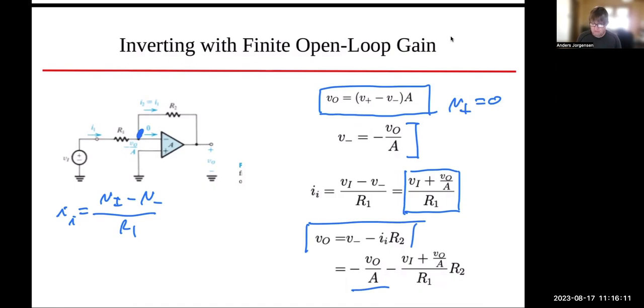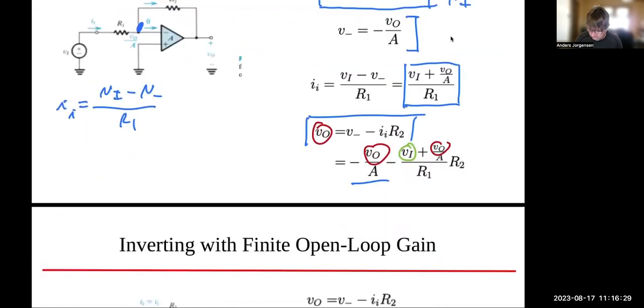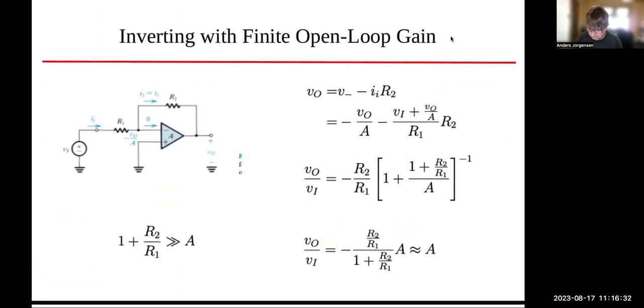So now I have this equation that relates VO, which is here, here, and here, with VI, which is here. And now I just need to rearrange that equation in order to get the relationship between VO and VI, and we do that on the next page, okay?